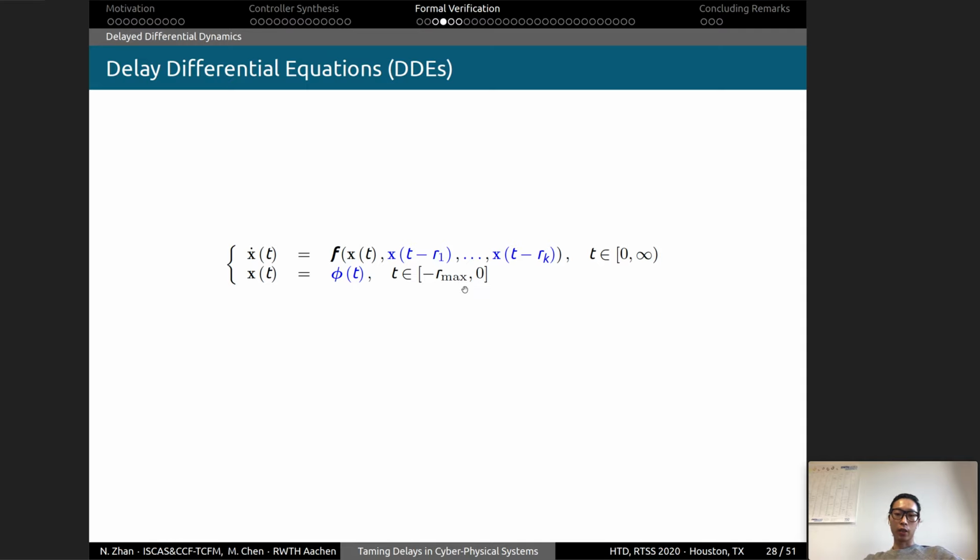Here r max is the maximum delay among r1 to rk. Now, with further assumptions on some Lipschitz continuity condition, we can get a unique solution or trajectory denoted in this way. This chi is the solution at time t, starting from the initial function phi.